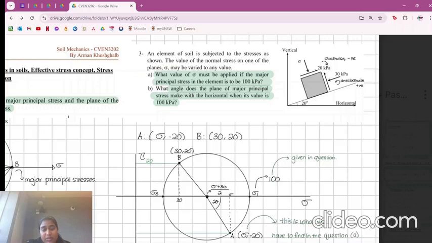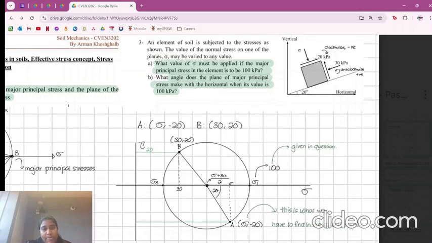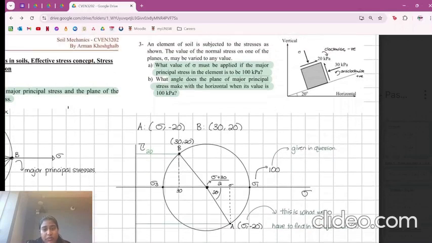That's the maximum amount of normal stress, and also at that point, the shear stress is going to be 0, right? And so we draw the Mohr circle assuming that the maximum principal stress is 100 kPa, right? So by that logic, you can then go to your plane B, where you can see that the normal stress is 30 kPa, right?